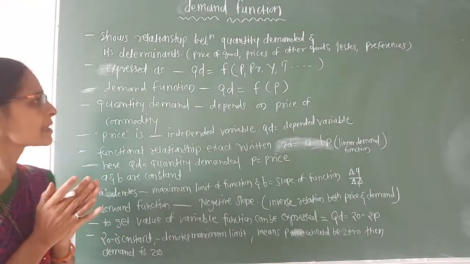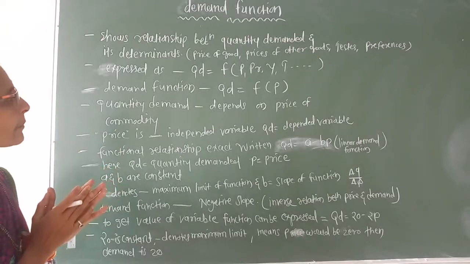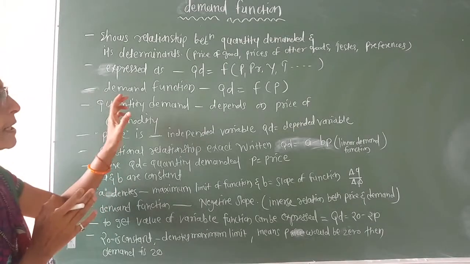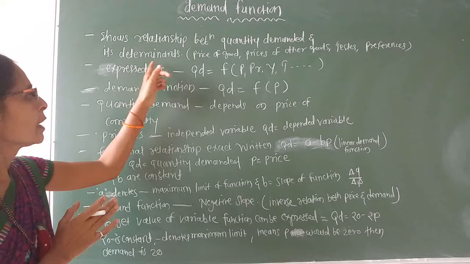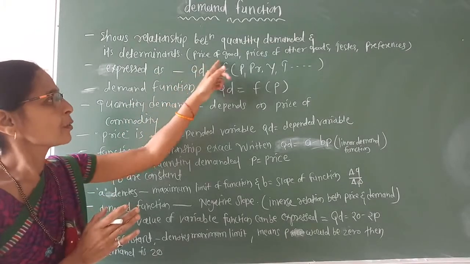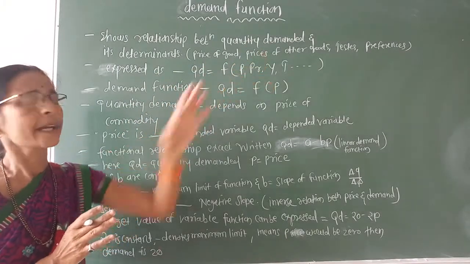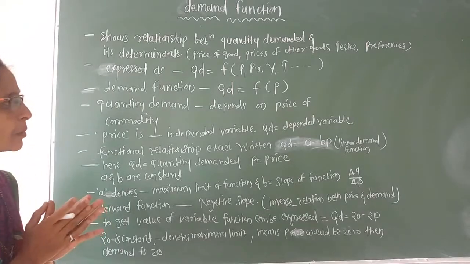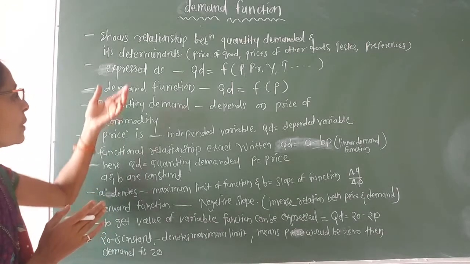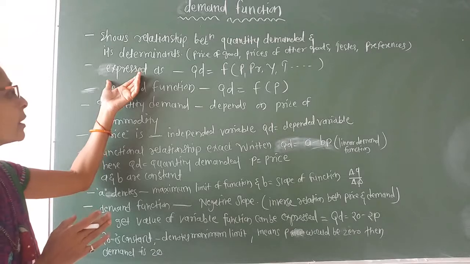So students, the quantity demanded depends upon the price of the good, prices of other goods, and the tastes and preferences of the consumer.